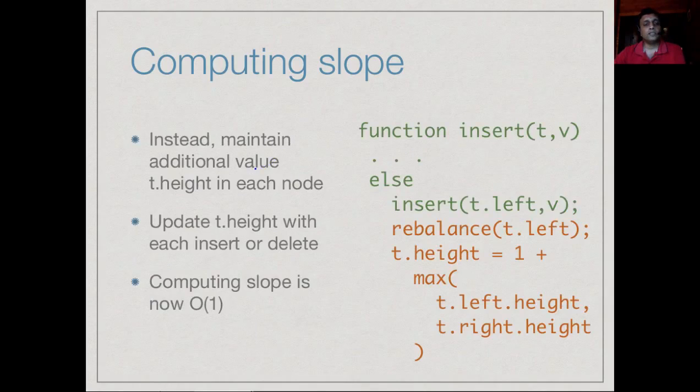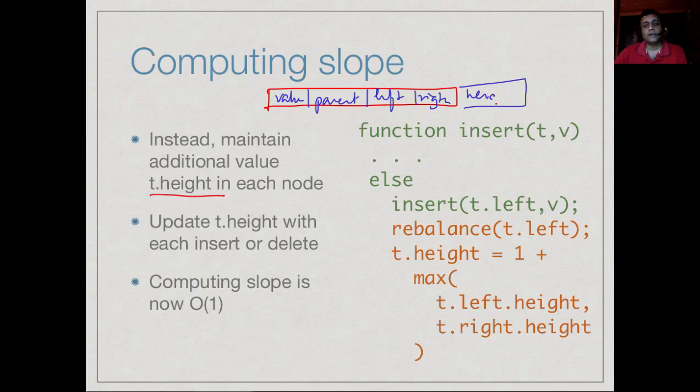But we can get around this by just keeping the current value of the height and updating it each time. So we have an additional thing. In our tree node, we currently had the value, parent, left, and right. Now we just add one more field called height.